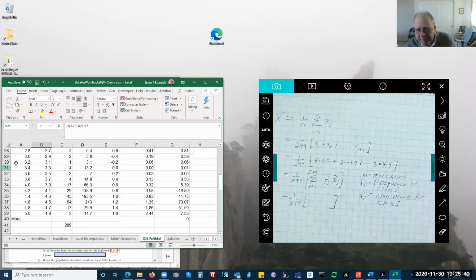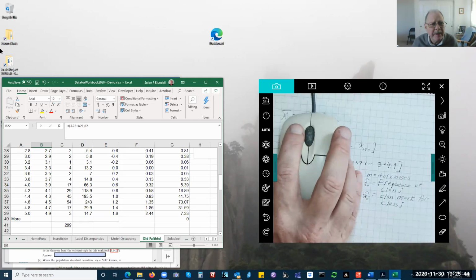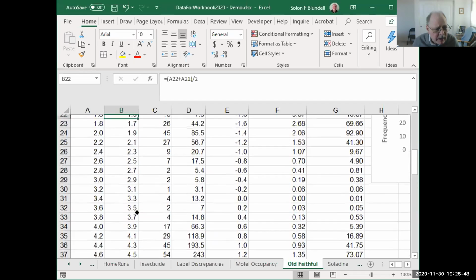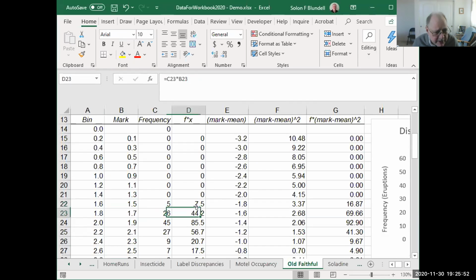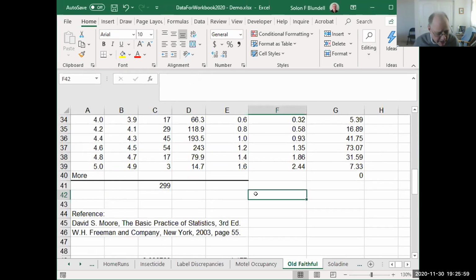So how much is that? You come over here to the spreadsheet, and we want to add up all the frequencies times the class marks.